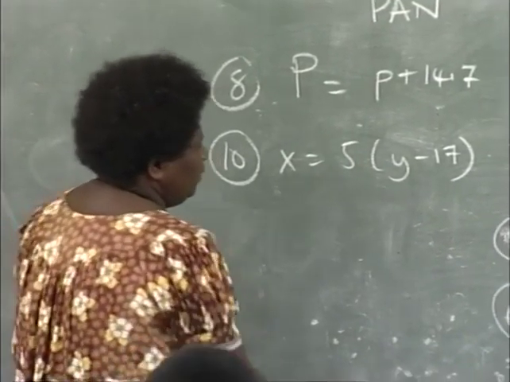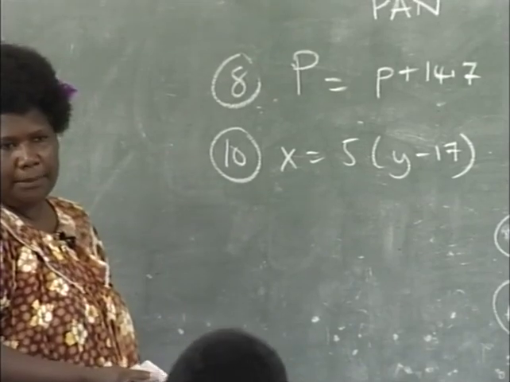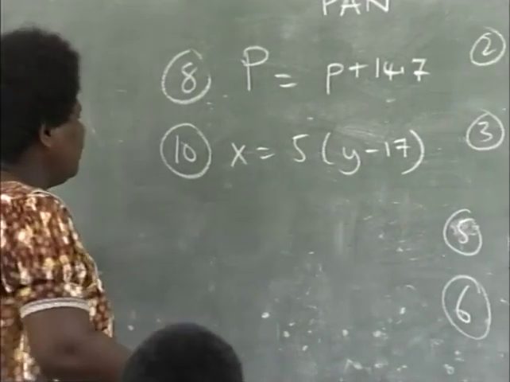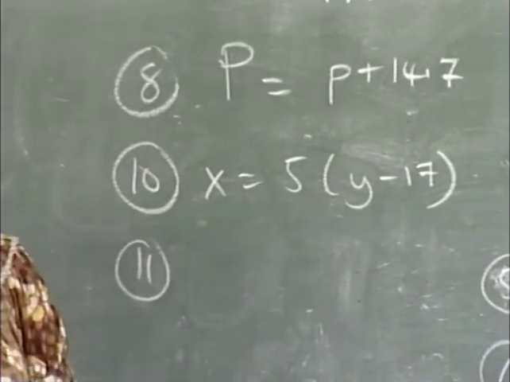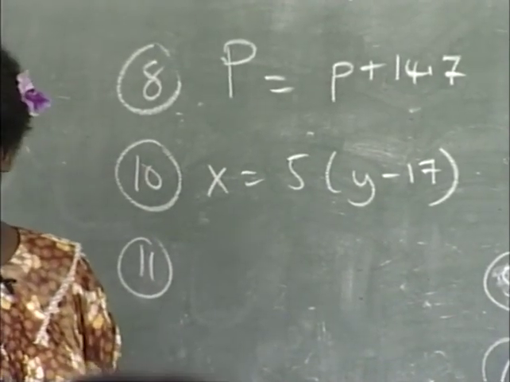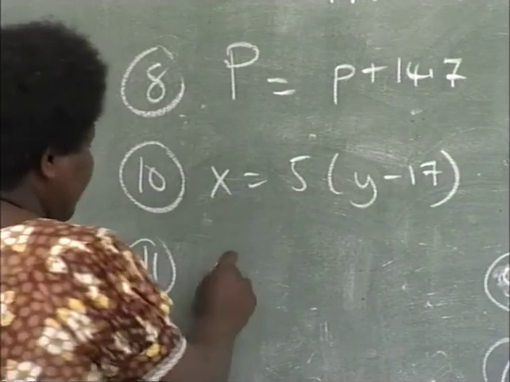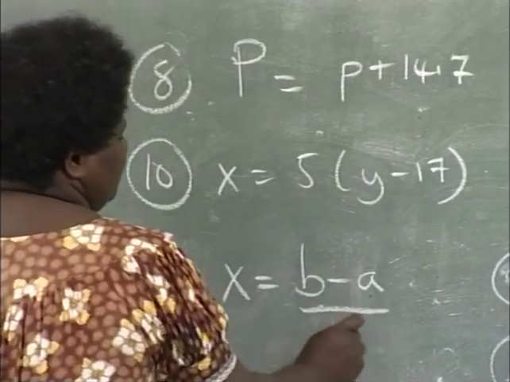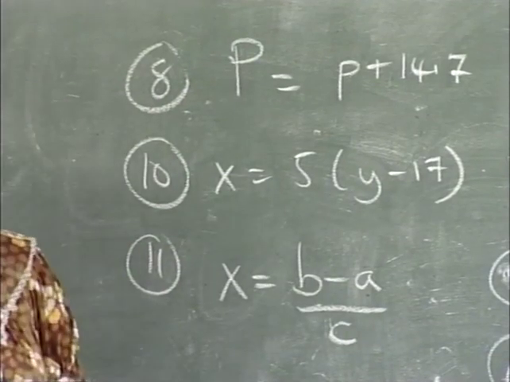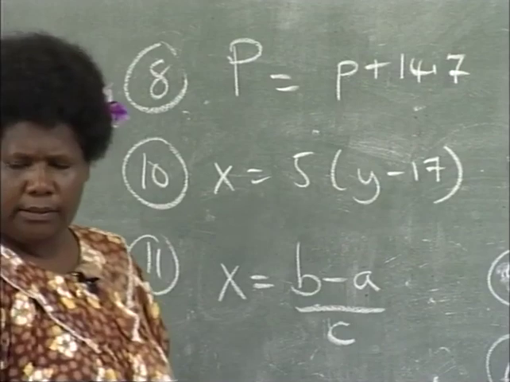Number 11, Velma. X is equal to B minus A over C. Okay, that's correct.